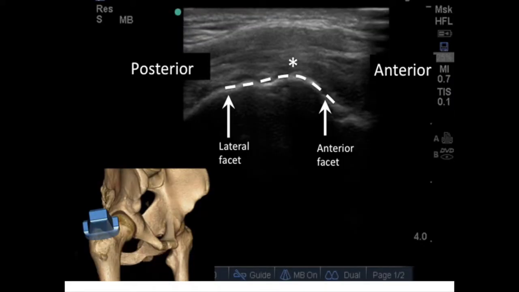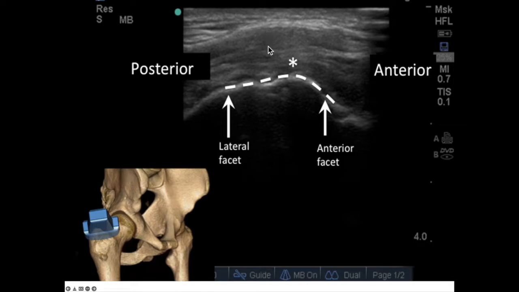Now, when you perform the ultrasound scan, the first thing to do is to find the ridge that divides the anterior facet and the lateral facet. In the anterior facet, you can see the gluteus minimus tendon, and in the lateral facet you have the gluteus medius tendon.